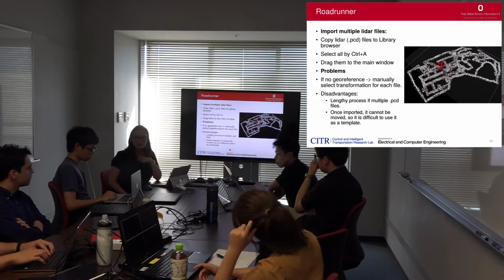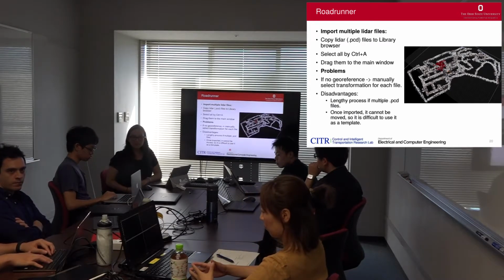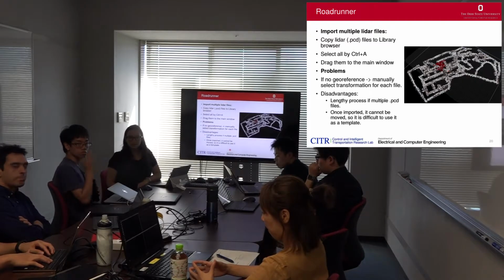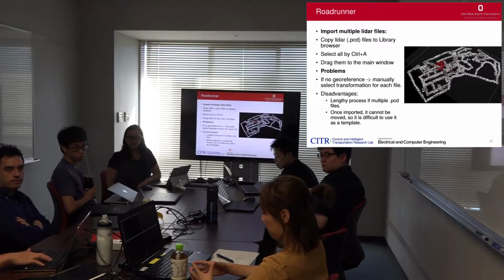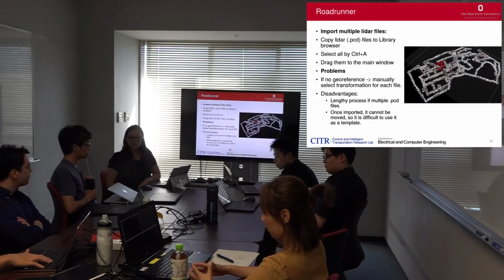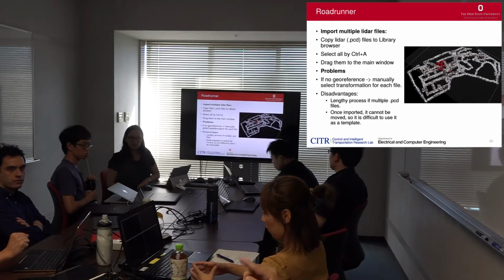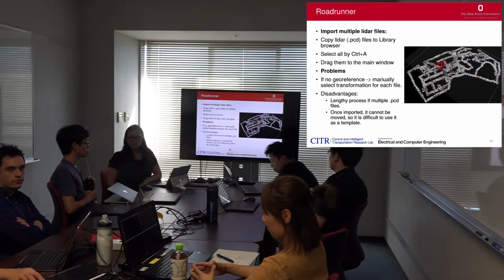I think RoadRunner has a feature to import other file formats, including a single point cloud file with geographical information.